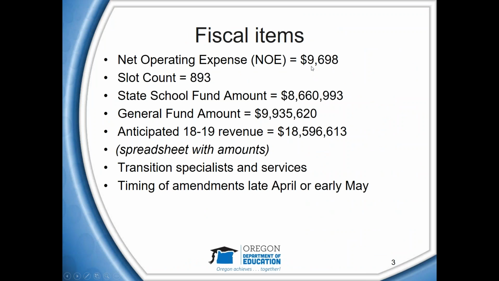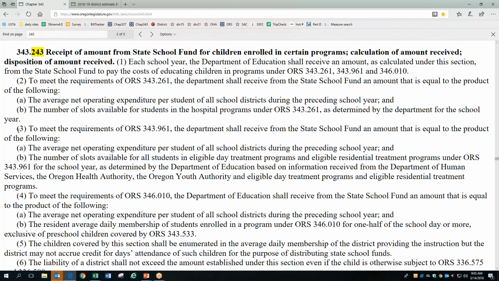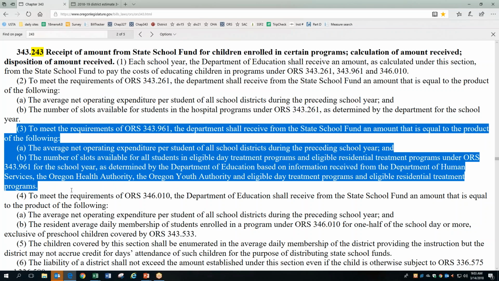As I mentioned, net operating expense, slot count, state school fund amount, general fund amount, and 18.5. Now, as I stated, this is the state statute on how we get funded.